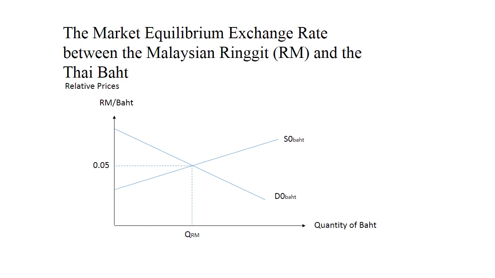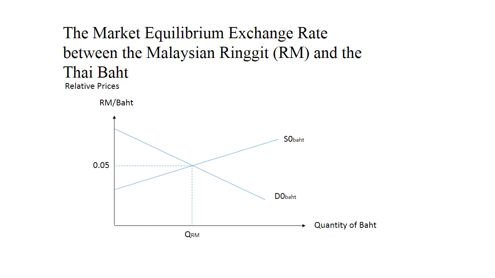So in this case, we say that the price of goods in Malaysia is higher than the price of goods in Thailand. So it means that Malaysians will prefer to buy goods from Thailand, and then Thai people will prefer to buy goods domestic in their country only.